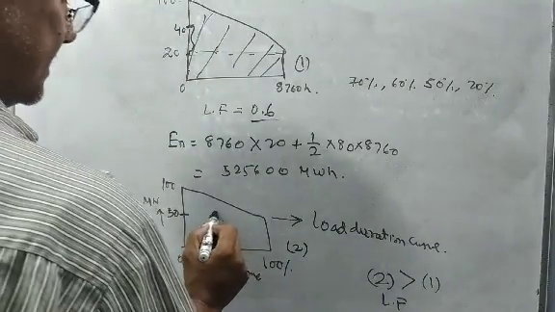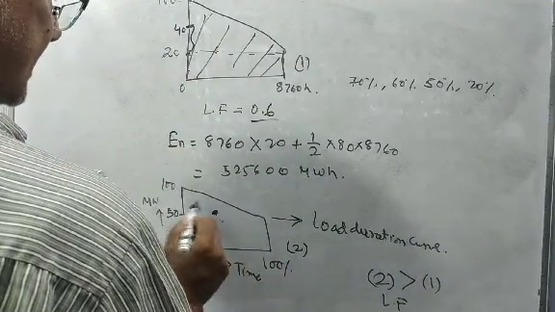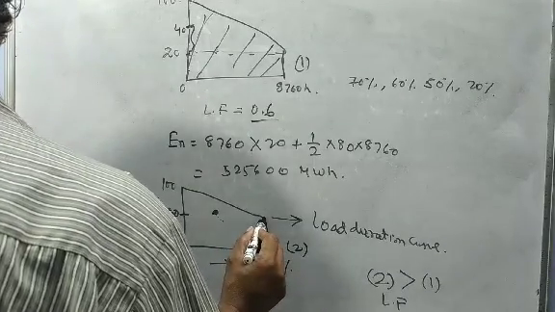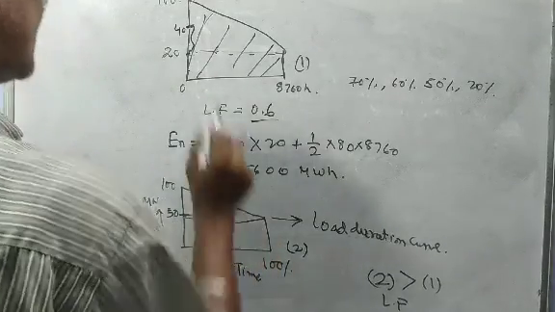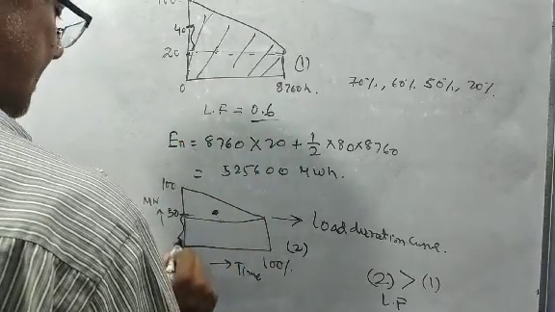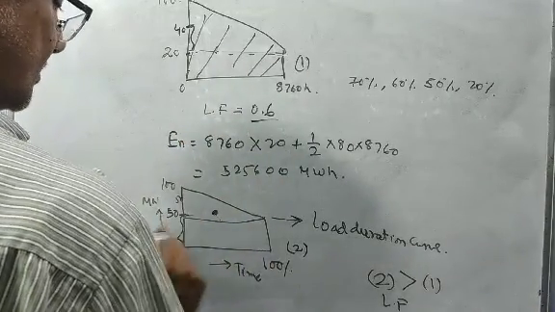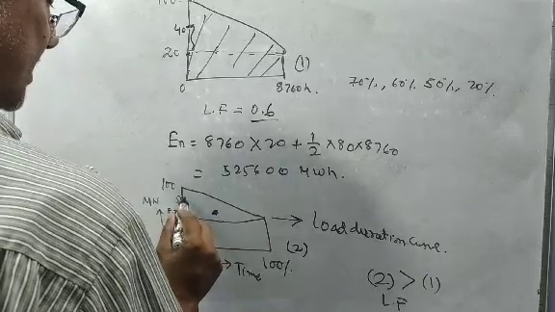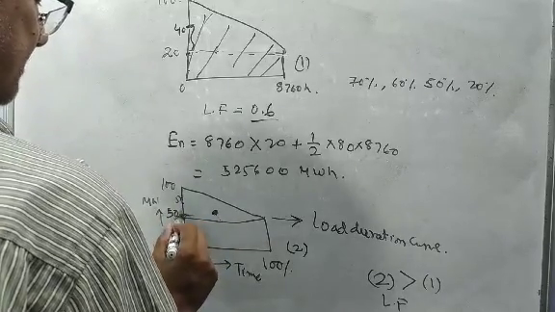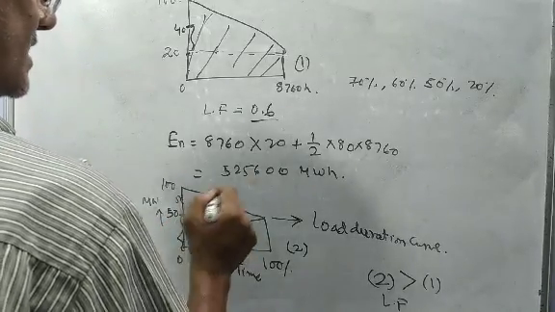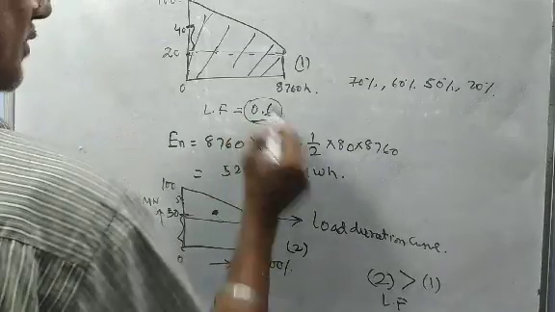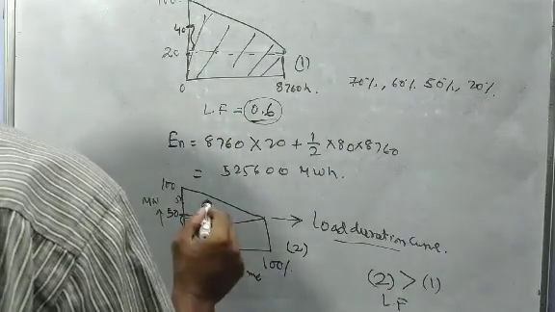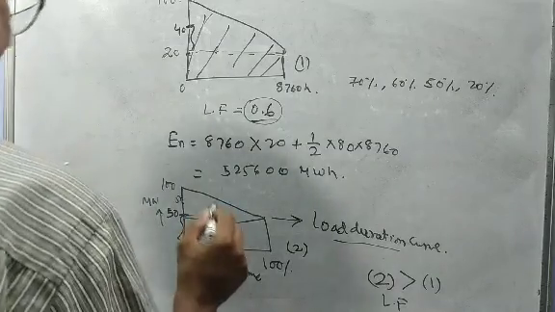Obviously, previously the base was 20, here it is 50. So base is 50, this point becomes 25, so 50 plus 25 is 75, whereas here it is 0.6. So the load factor here is more.